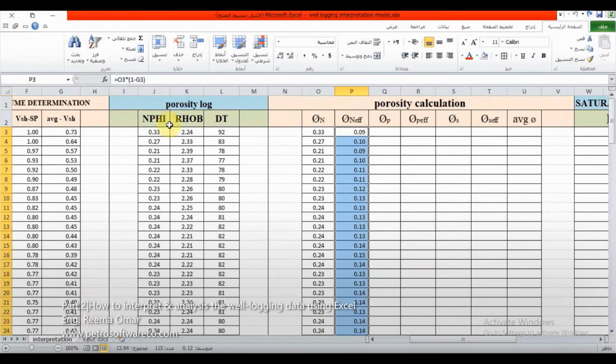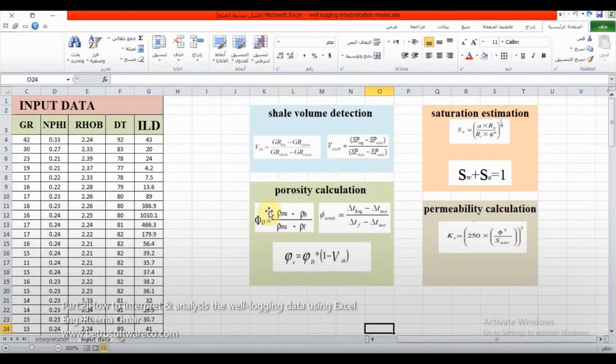The next step is density porosity. You need to calculate the porosity from the density log using this equation. This equation needs density of matrix, density of bulk formation, and density of fluid.